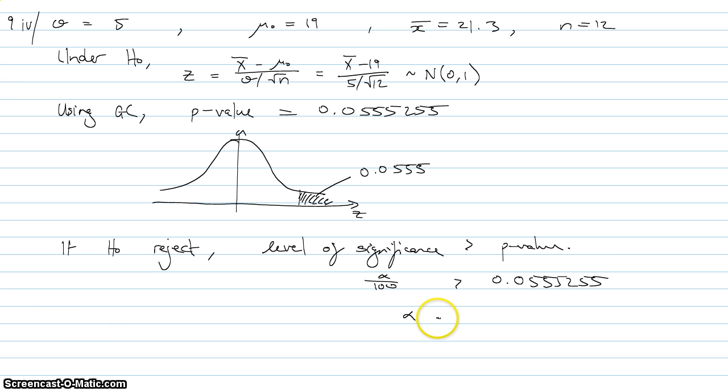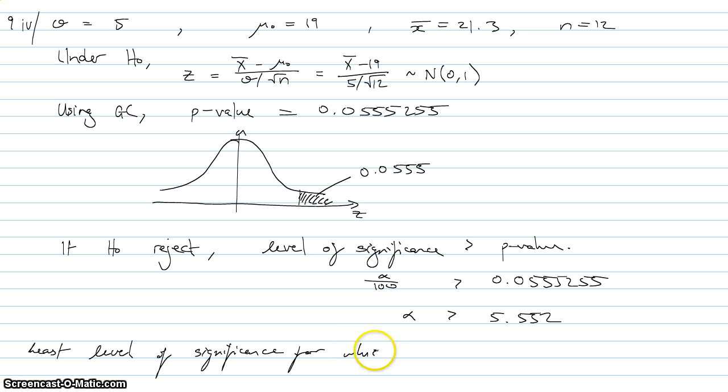In other words, that alpha has to be bigger than 5.552. So the least level of significance for which H0 is rejected is 5.56%.